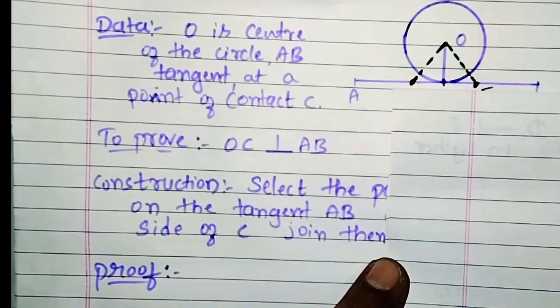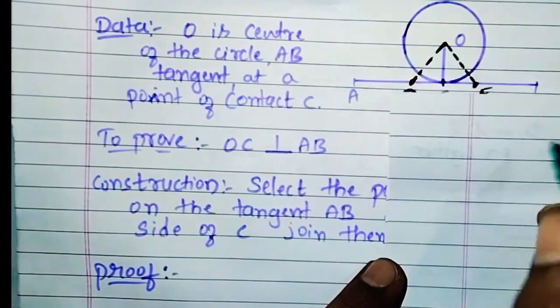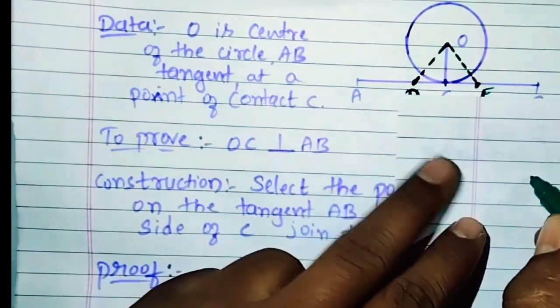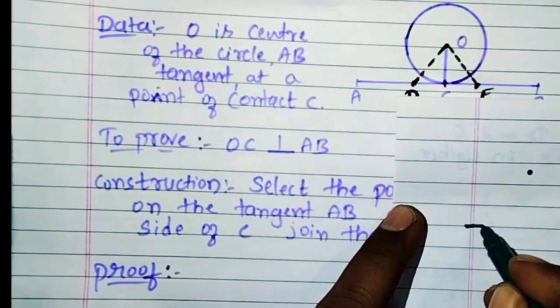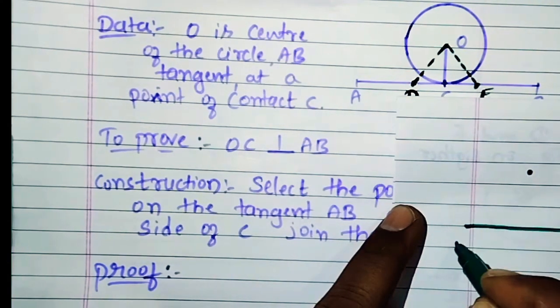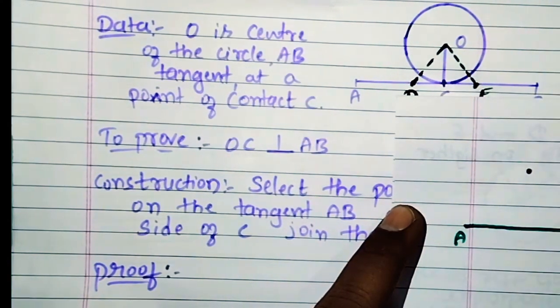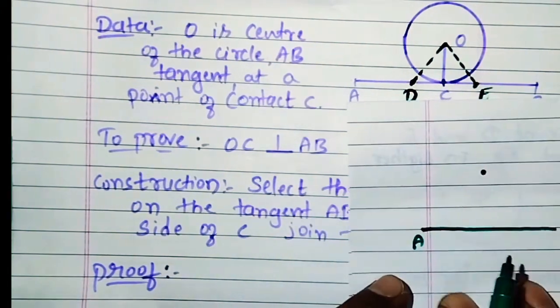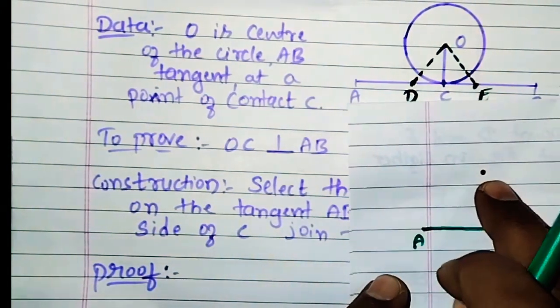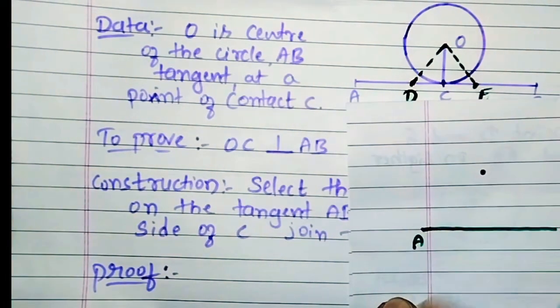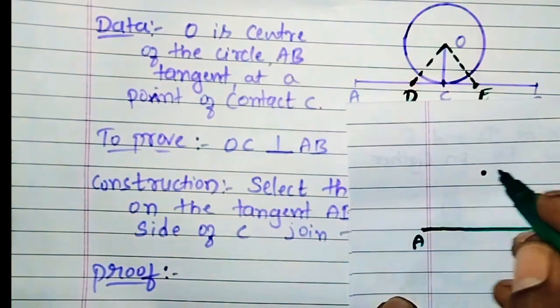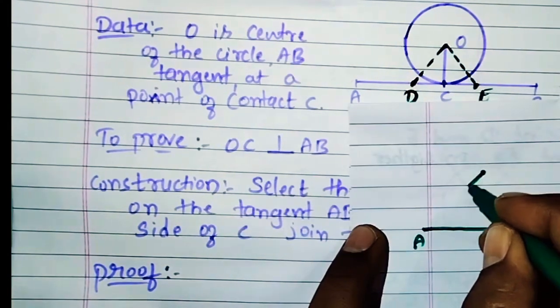Just observe here. This is an external point, and this is a line AB. This is an external point, you can write it on this side or any side. Now I will make lines like this.